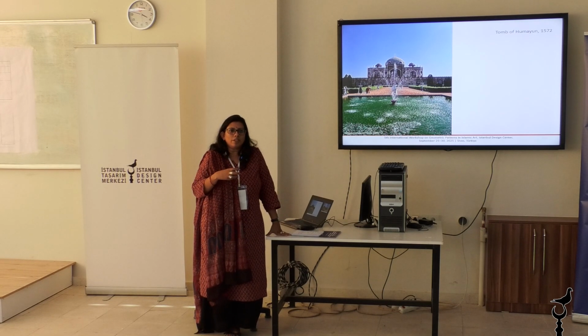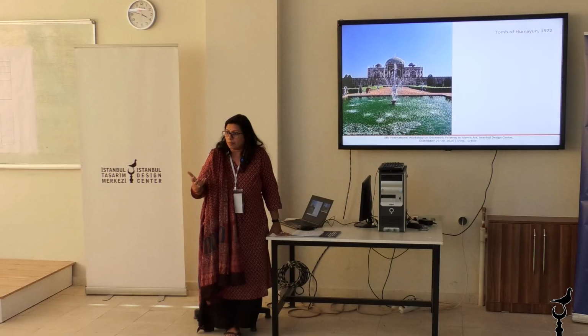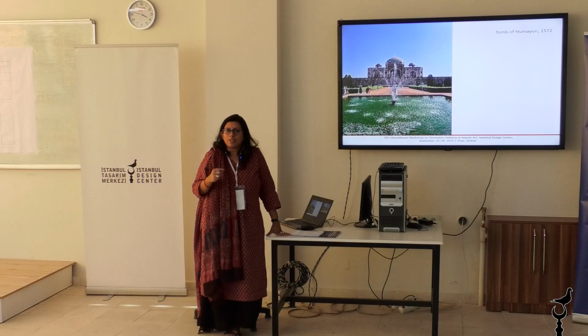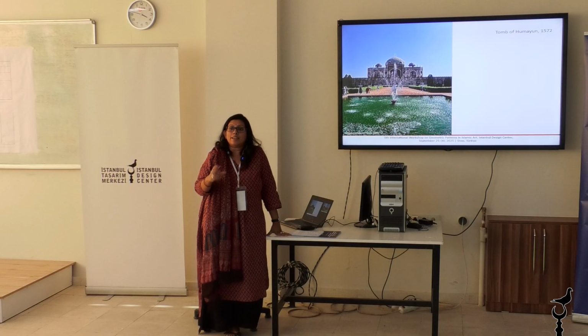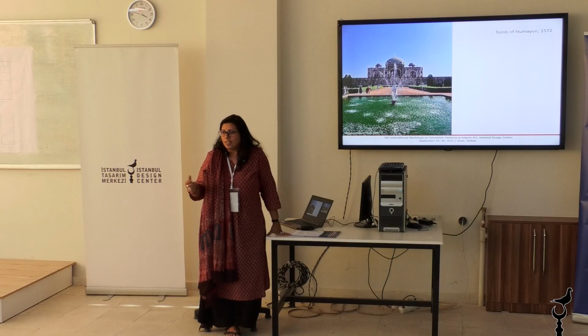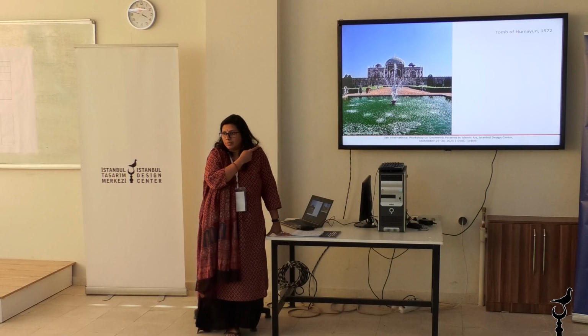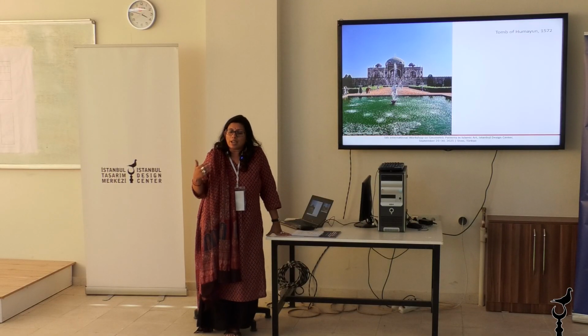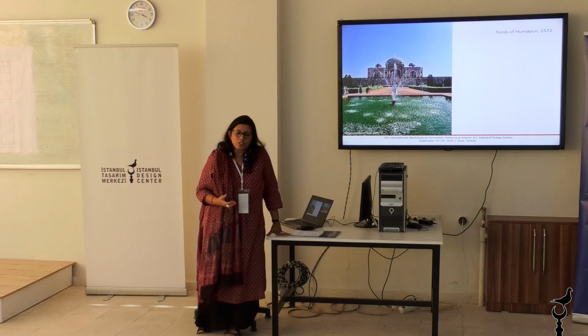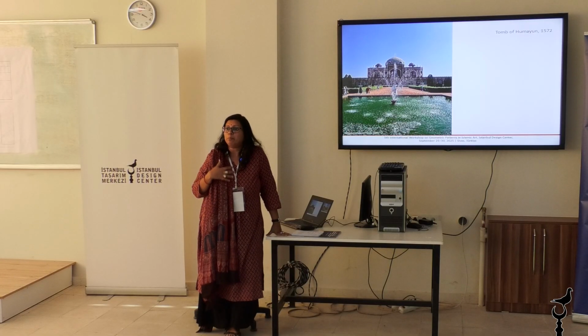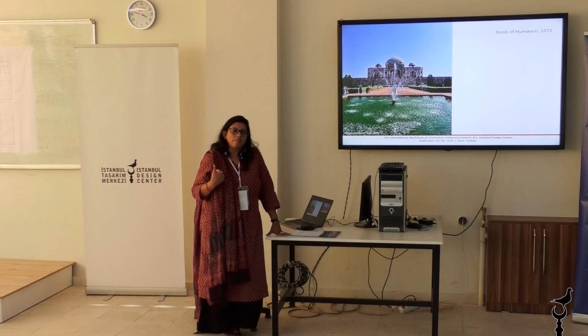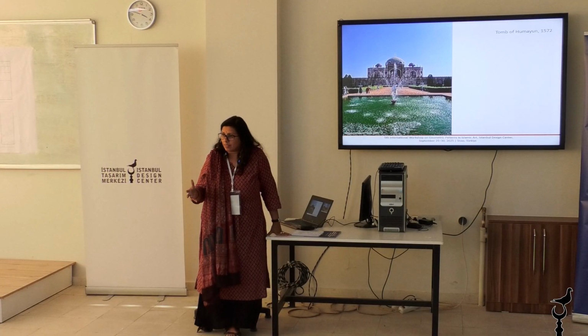So they never really got a chance to build something which can create an identity of Mughal architecture. That happened during Akbar. When Akbar sat on the throne at a very early age, he started commissioning projects. He started building projects. He started having good relations and expanding his kingdom.